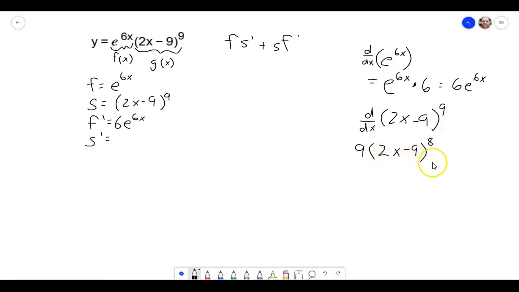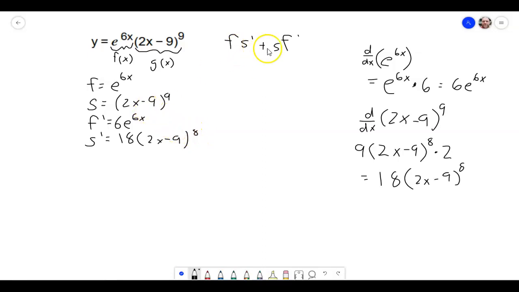So that's the derivative of the outside function. Then we multiply that by the derivative of the inside function. The derivative of 2x minus 9 is just 2. So when we clean that up a little bit, we get 18 times 2x minus 9 raised to the 8th power.